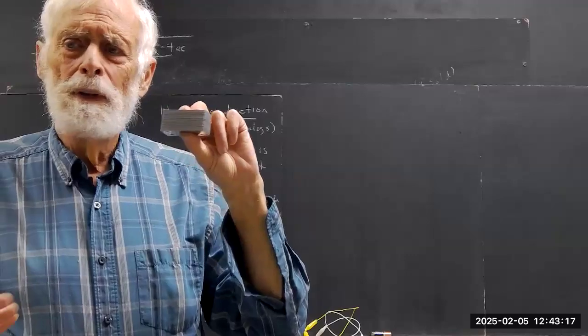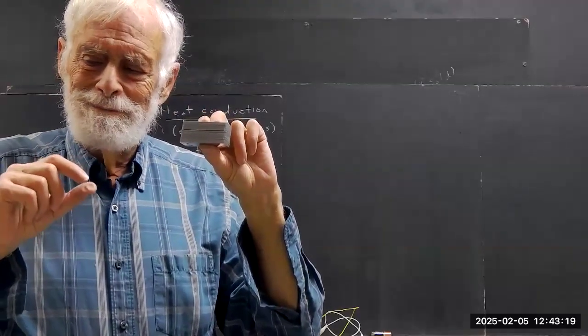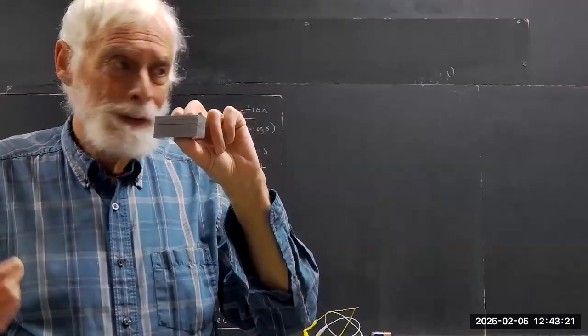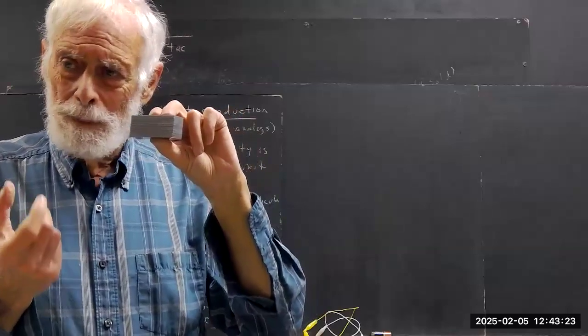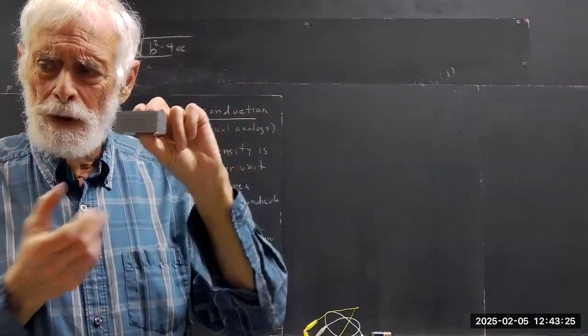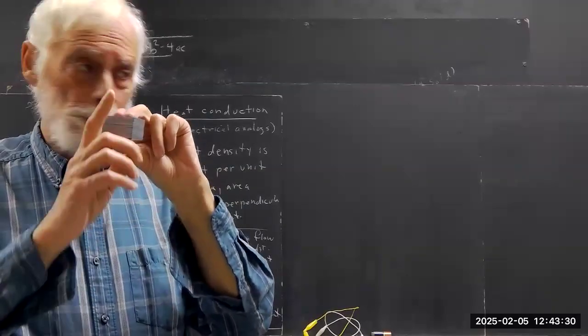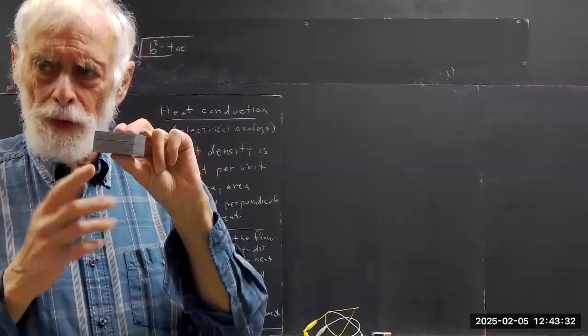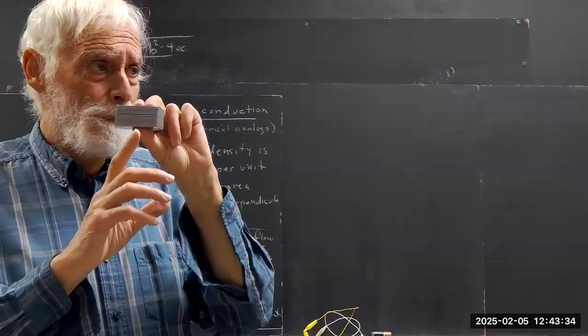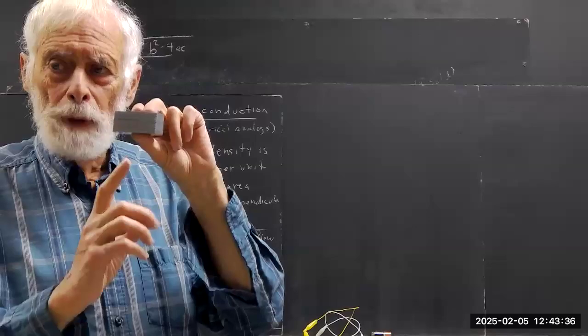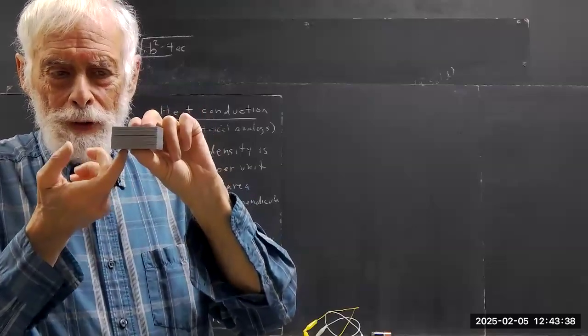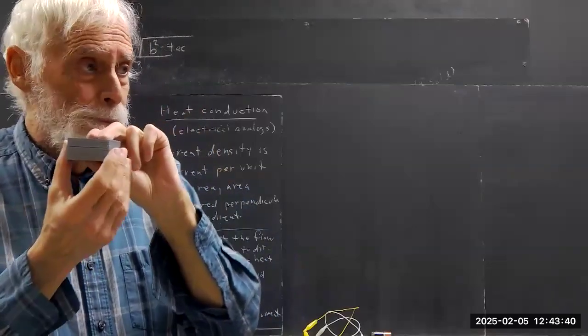It's an alcohol thermometer, so we couldn't read it all that accurately, but we estimated that we're getting about 50 joules per minute. Well, that's your heat current. 50 joules of heat per minute flowing from this end to this end.